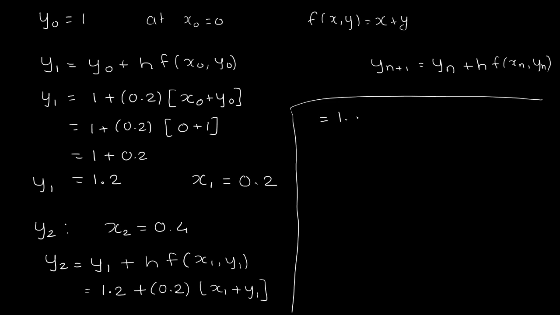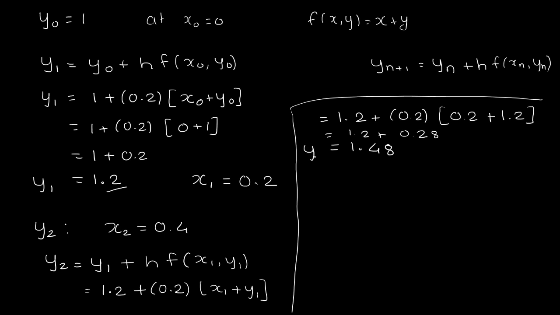So that is 1.2 plus 0.2 times x1, which was 0.2, plus y1, which was 1.2. This comes to 1.4 times 0.2, that is 0.28, and 1.2 plus 0.28 is 1.48. So this becomes my y2 value at x2 equal to 0.4.